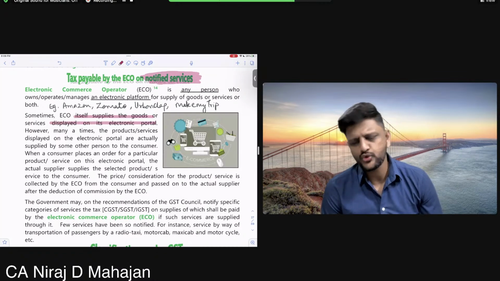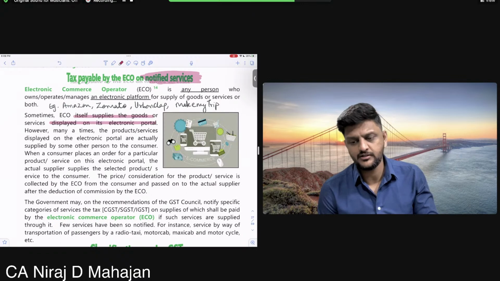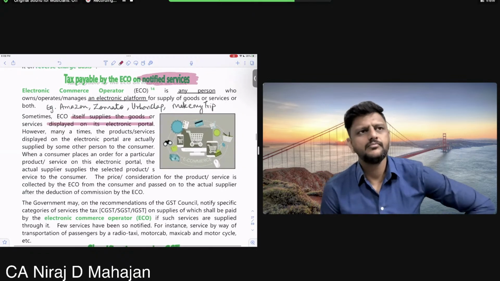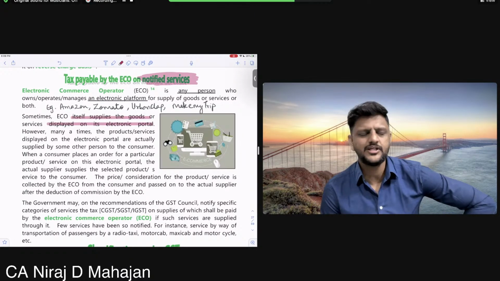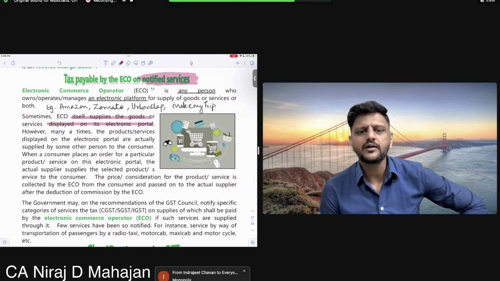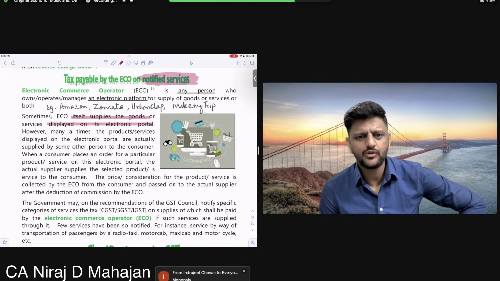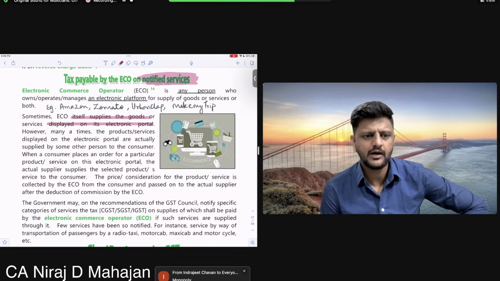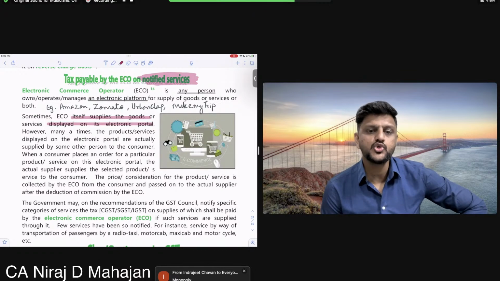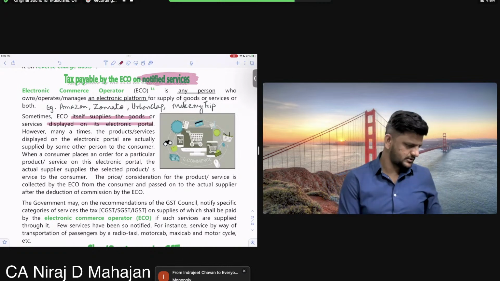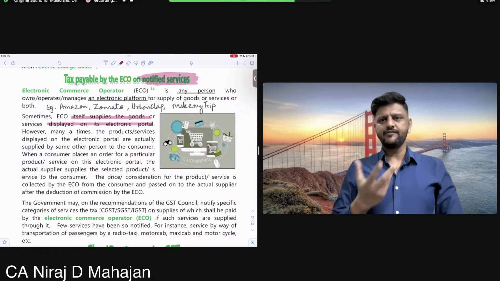And what Amazon used to do, you can call it a cheap trick: whichever products they had monopoly in the online market, whichever products were very famous on Amazon from different vendors, they were initially not manufacturing any products.